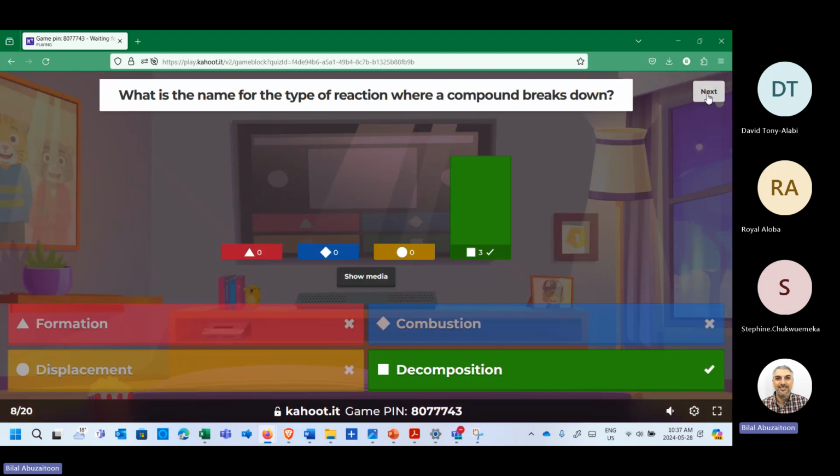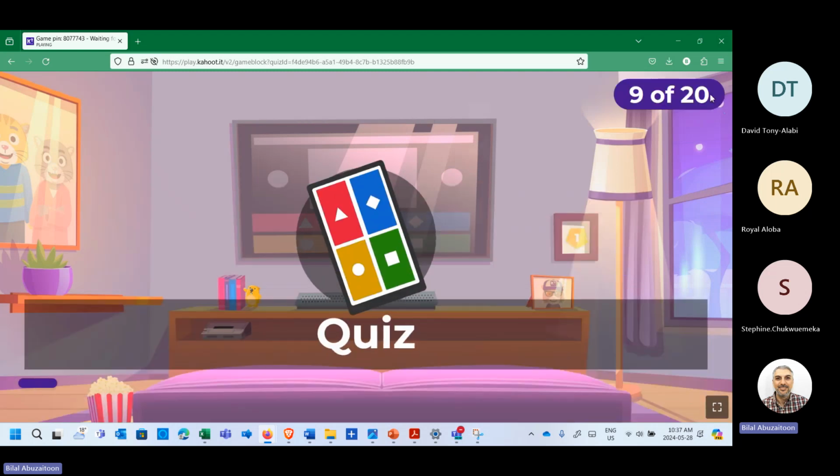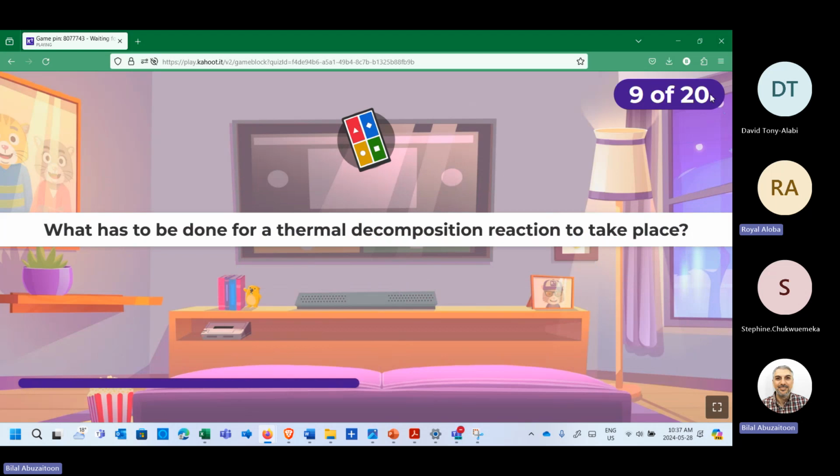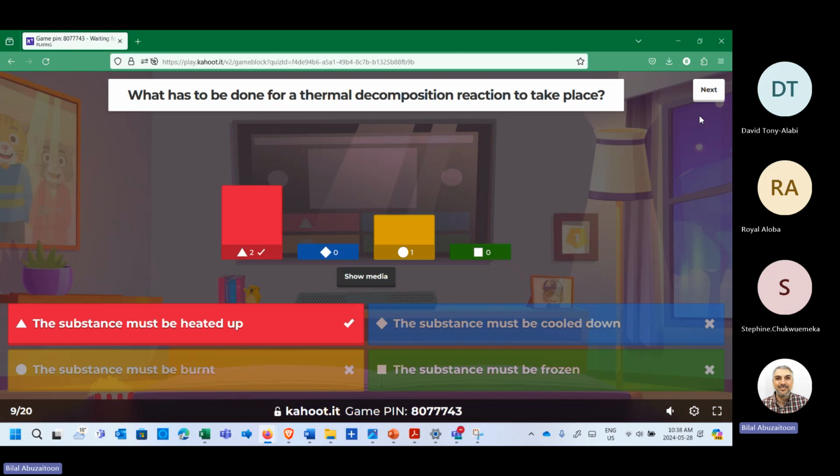Excellent. Decomposition. I should slow down. Thermal decomposition. Thermal decomposition.